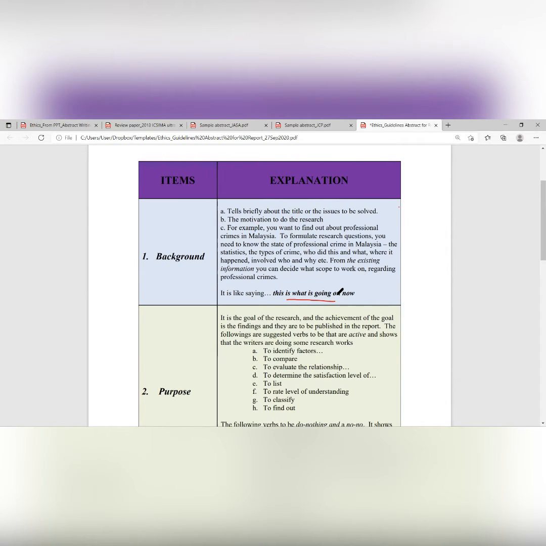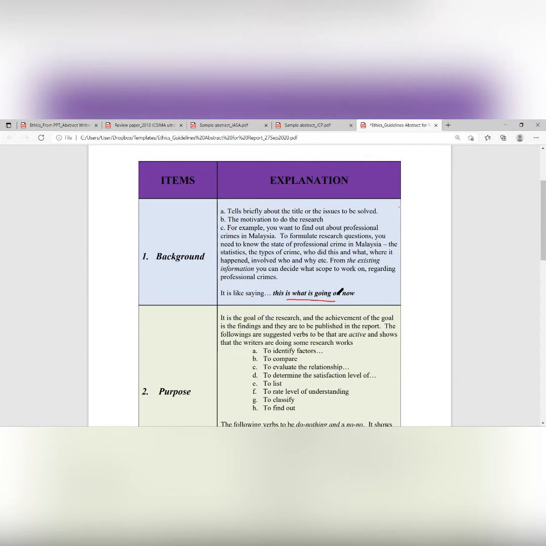And then, for example, if you want to find out about the crime in Malaysia, so we want to find out what's happening as far as this research in terms of background in Malaysia.